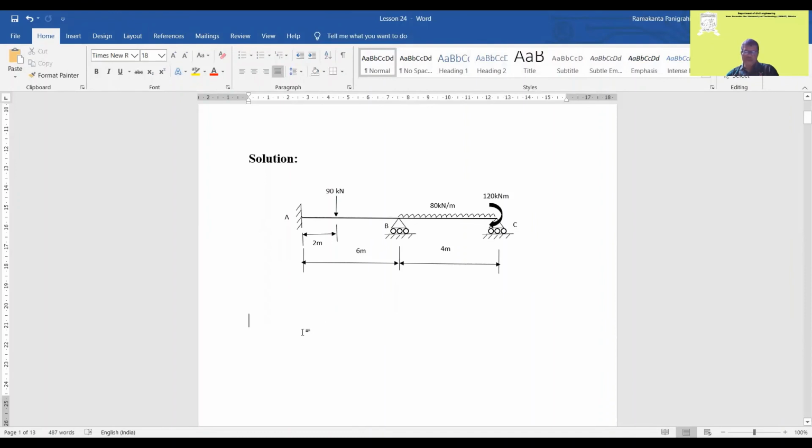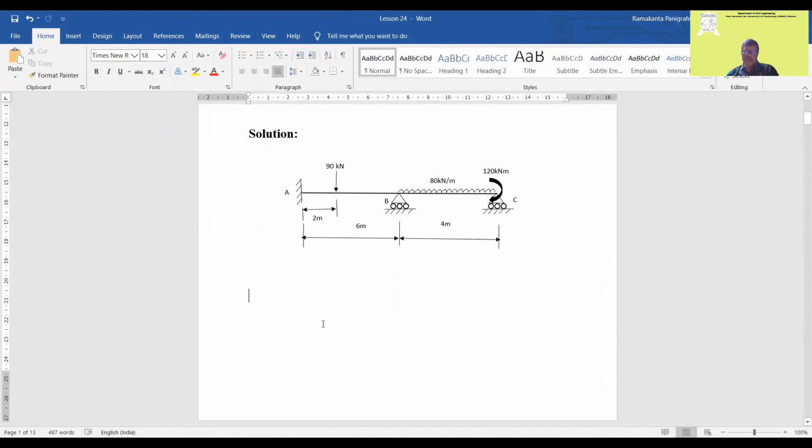Now, if you try to draw this bending moment diagram here, what will it look like? There is the continuous member here.